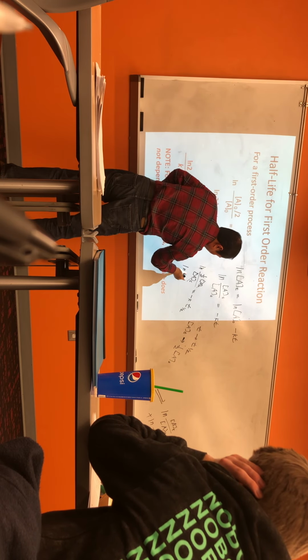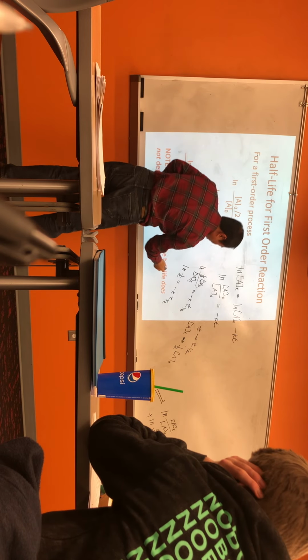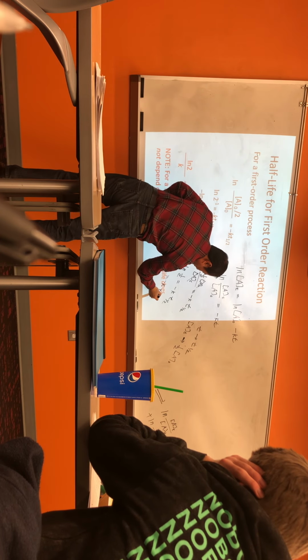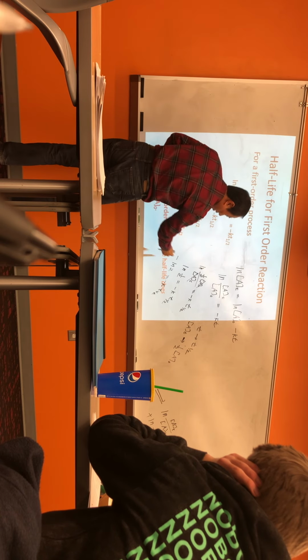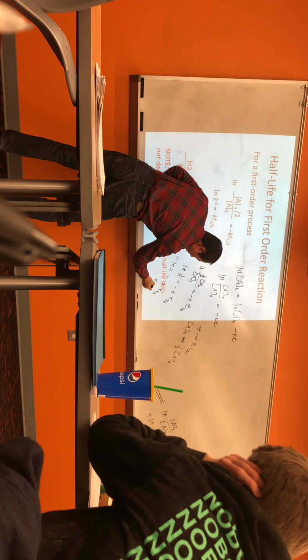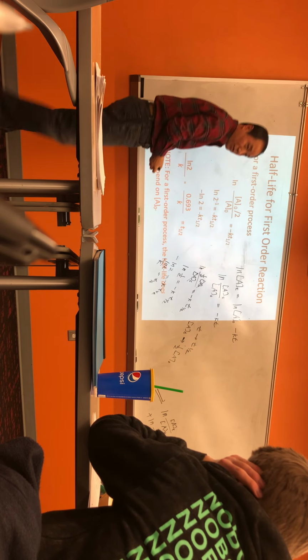You have ln 1 over 2, which is negative ln 2, equal to negative k t half. That will cancel the negative sign. So you have half-life equal to ln 2 over k.